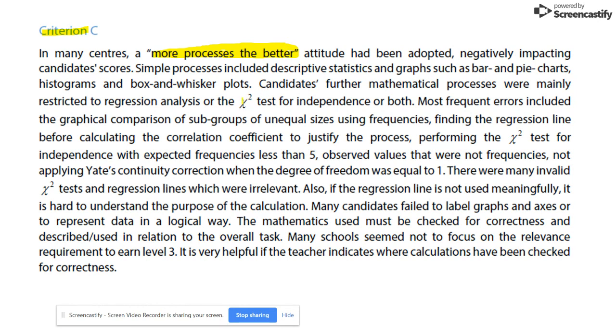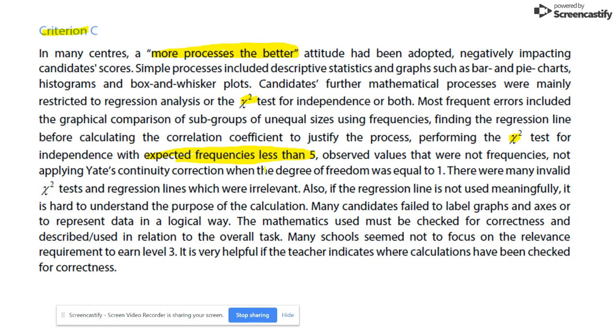Again, you can see specific feedback for chi-squared tests that have been done, especially with issues of expected values less than 5. That's something that we really try to reinforce here, that if you have expected values less than 5, you have to regroup, you have to redo your intervals so that you avoid that. So again, spend some time reading through this at some point.